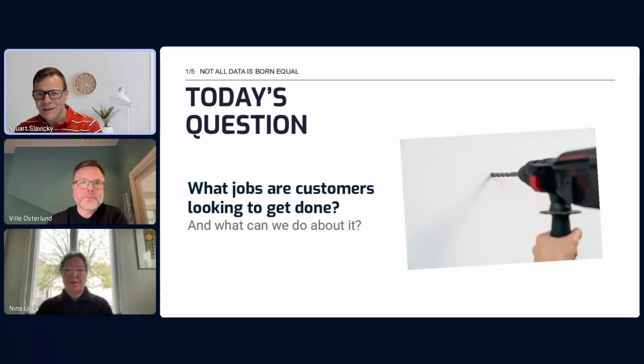Then 50 years later, Clayton Christensen builds an entire framework around that idea, which is the jobs to be done. Essentially we're saying: stop asking what your product does and start asking what your customer needs it for. And that's an answer you will never get from age, gender, or hair color.